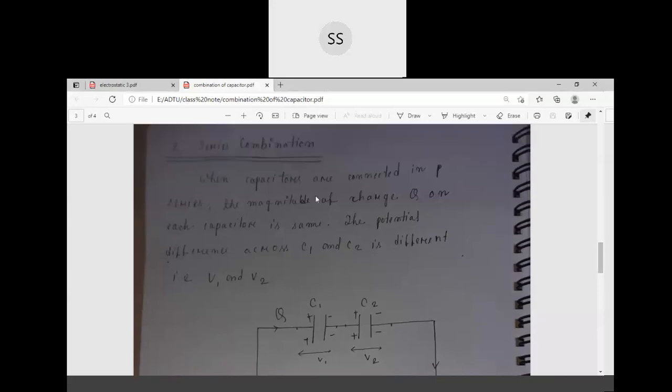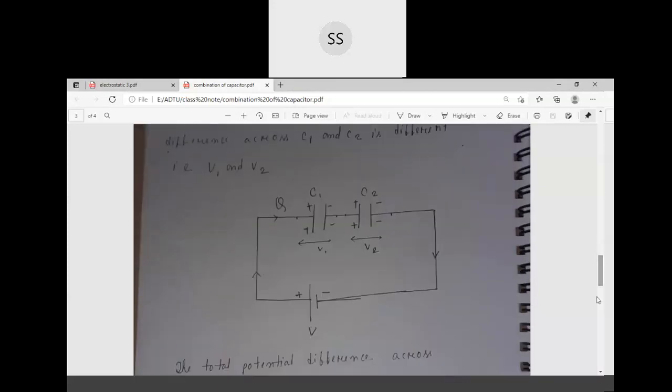Okay. When capacitors are connected in series, the magnitude of charge on each capacitor is the same. The potential across C1 and C2 is different, that is V1 and V2.